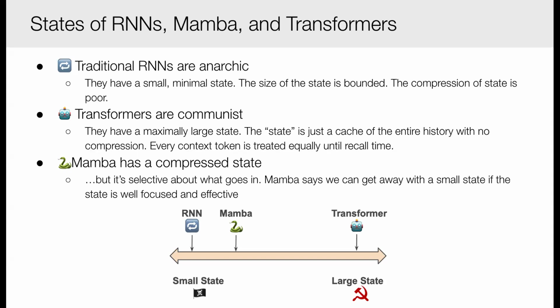And Mamba has a small state which is compressed in a sense, and it's selective about what goes into the state. So now you have small states which are well focused and effective. Your A, B, C, and D parameters are small compressed states that hold representations of everything. Transformers do the same thing, except they're not compressed at all. They just hold everything.